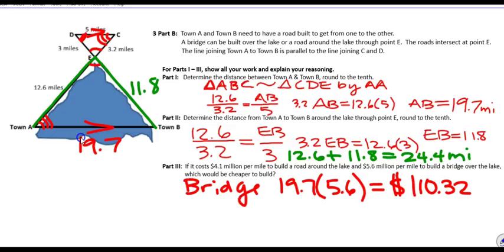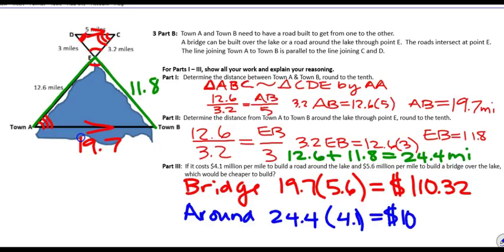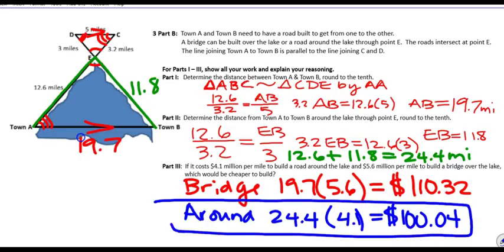If we're talking about going around the lake, that was the other length that we found, which was 24.4. For the road, it's 4.1. So we multiply that, and we get 100.04 million. So which one of these is cheaper? Obviously, going around versus building the bridge.